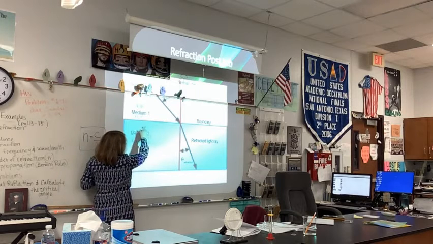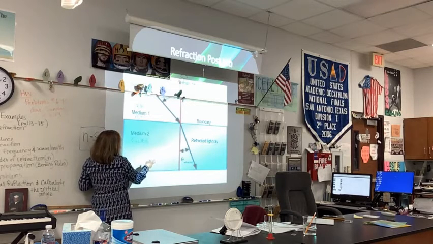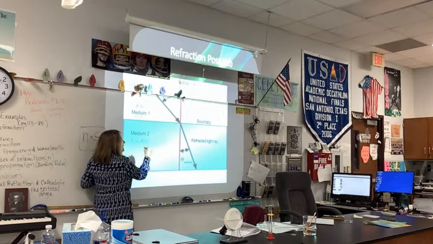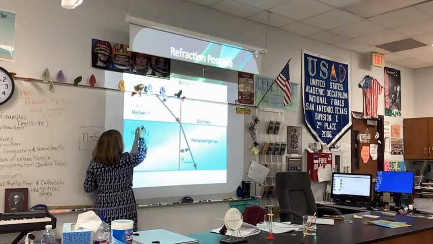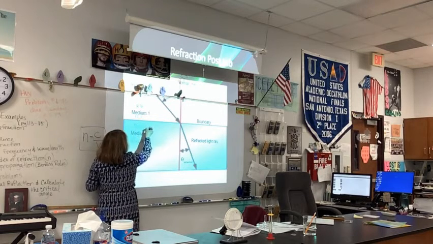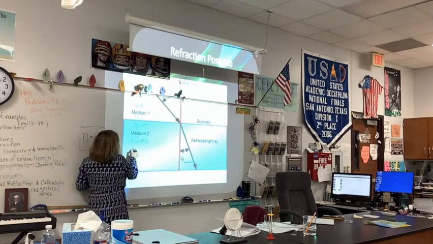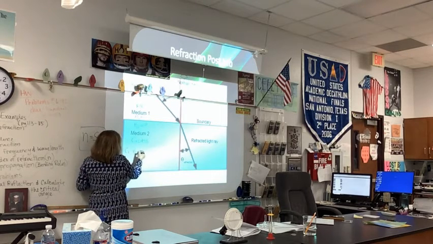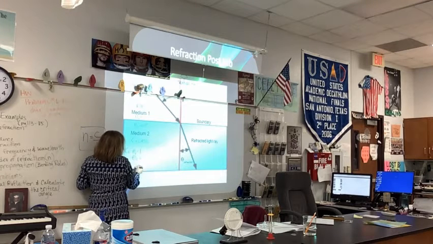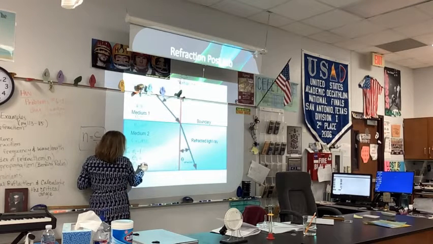Then the light gets refracted into the second medium. Since the second medium is where the light is refracted, I'm going to call that Nr. That's what we want to know. So we're given Ni equals 1. We measured the angle of incidence and the angle of refraction.